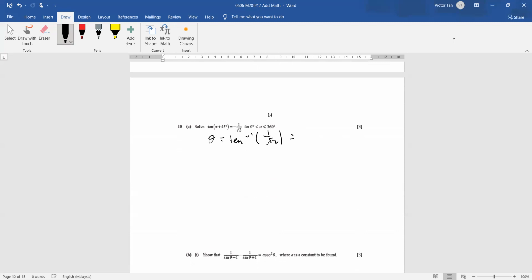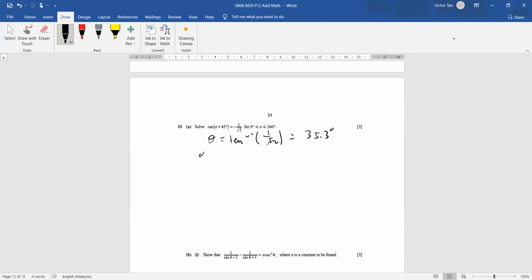It must be in degrees, so make sure your mode is in degrees. So this is arctangent 1 over root 2, which is 35.3 degrees. So the reference angle is 35.3 degrees.